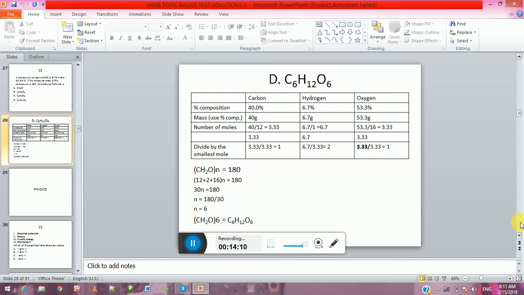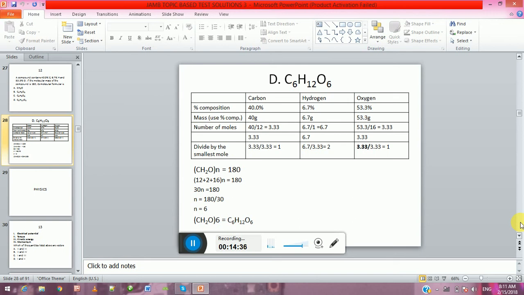For carbon the atomic mass is 12, so you have 40 over 12. For hydrogen the atomic mass is 1, you have 6.7 over 1. For oxygen the atomic mass is 16, you have 53.3 over 16. Now you divide what you get by the smallest quantity, which is 3.33, so that you get 1, 2 and 1.